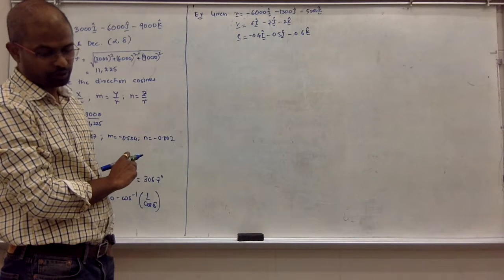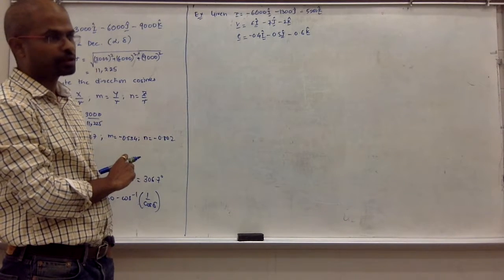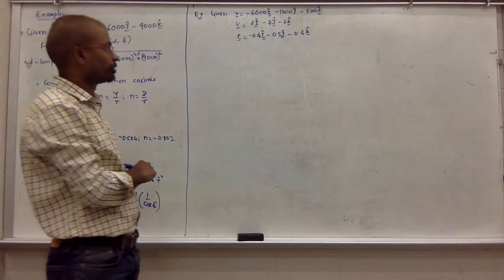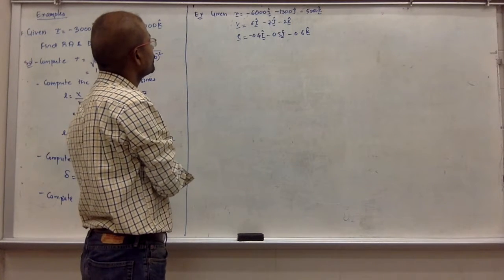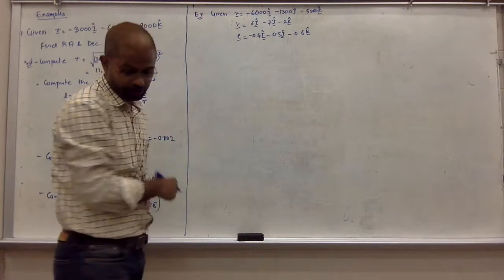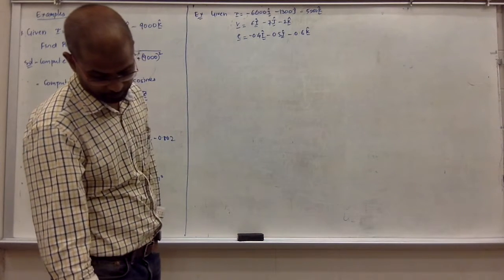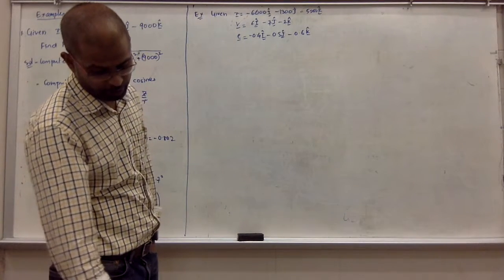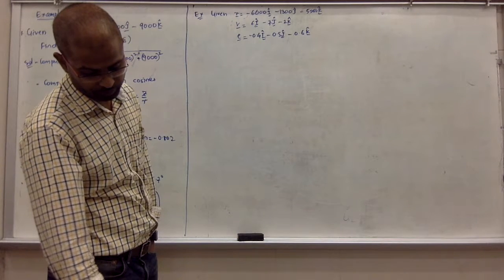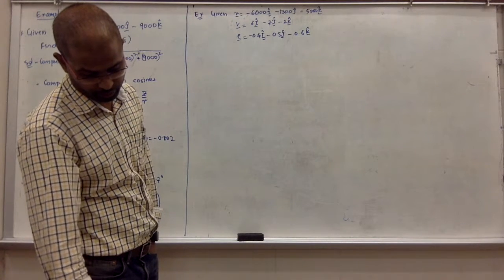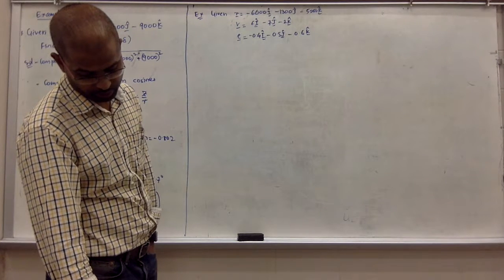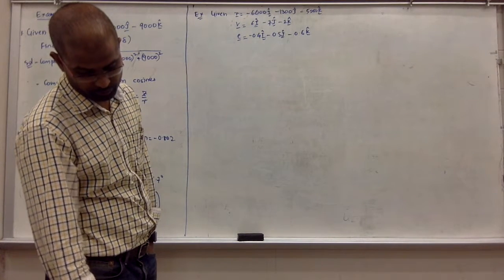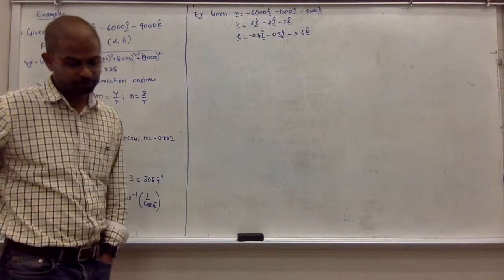They expect you to use the information from 4.6 to figure out 4.7. So it should be this. Now tell me, how do you go about finding the true anomaly? How do you find the true anomaly?